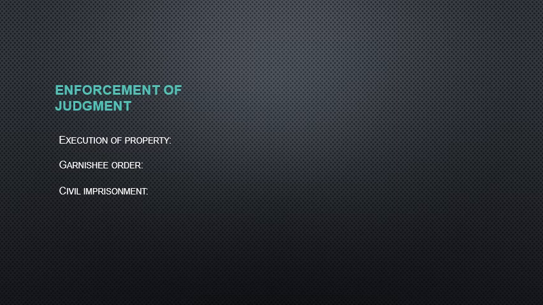And then we have a garnishee order. We talked about this. It is put on the salary of the judgment debtor or the defendant, and this is how the defendant would pay the money owed to the plaintiff, right?